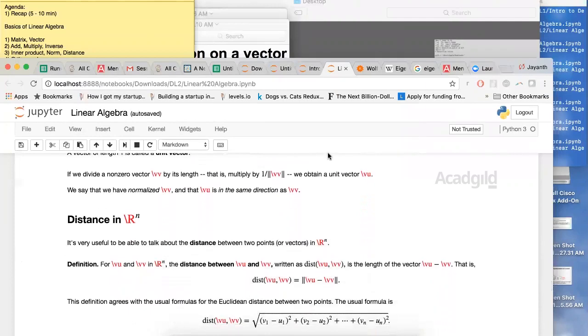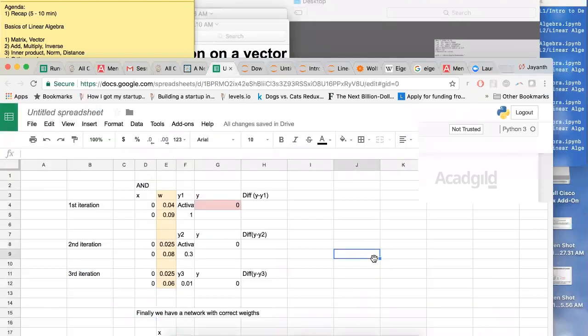So a unit vector is nothing but take a vector and divide it by its length, or it's called a normalized vector. So let's say I have a vector 3, 4. The normalized vector is nothing but 3 divided by 5 and 4 divided by 5.